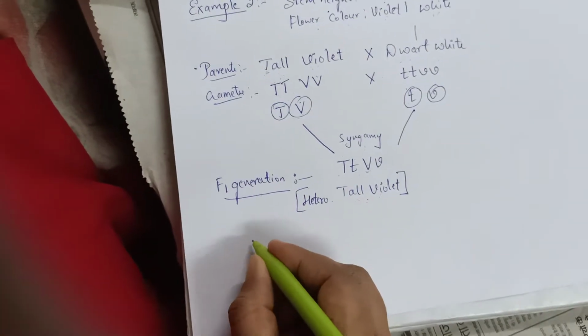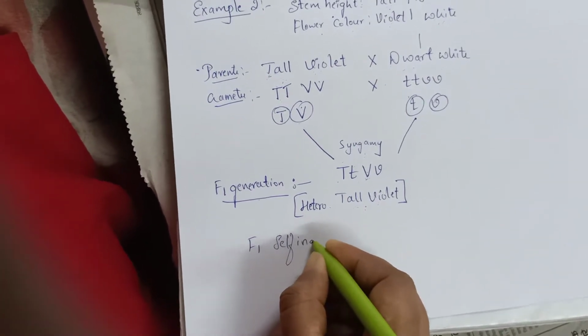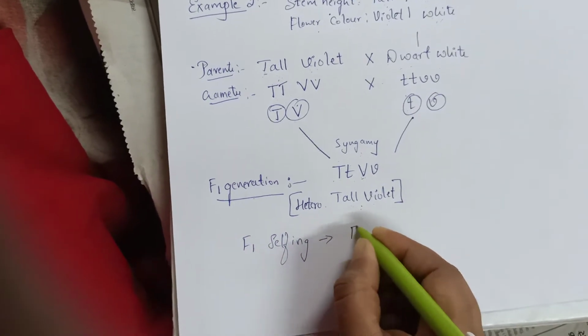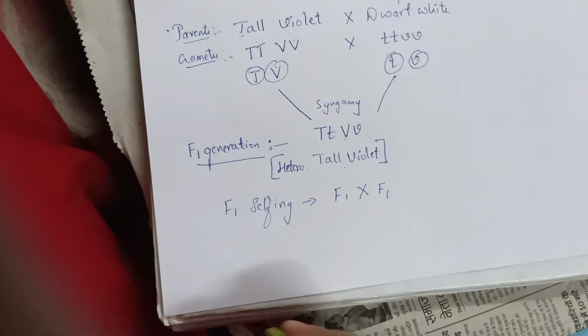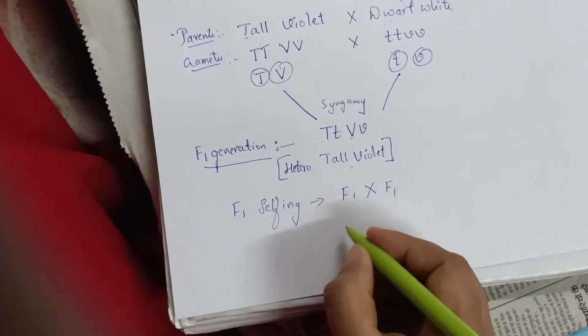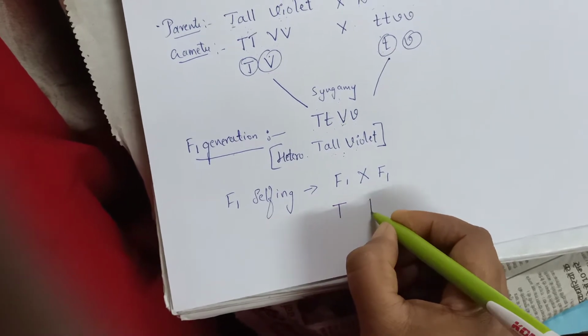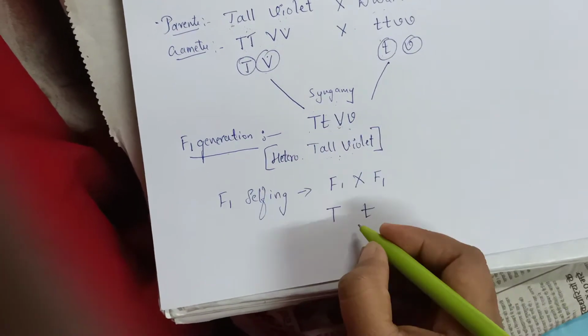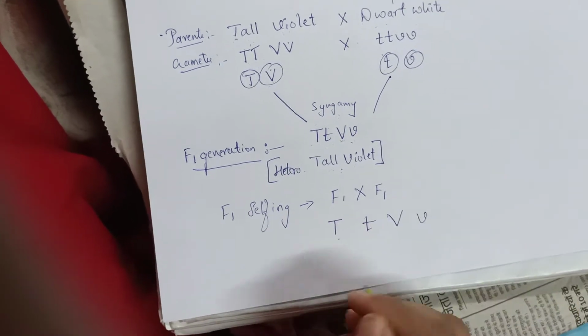The next important step is F1 selfing. We need to cross F1 with F1. For this I have told you a very simple step. I'll tell you one more time. You write the F1 generation as it is: T, t, capital V, small v.